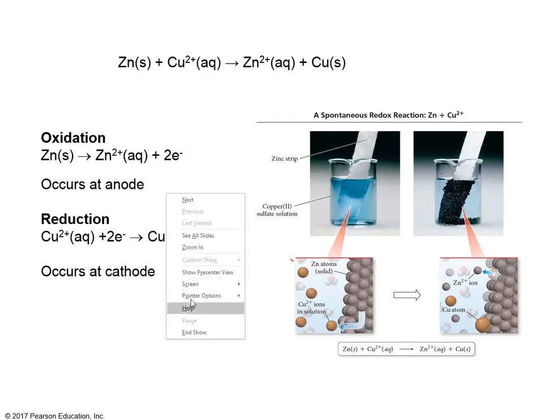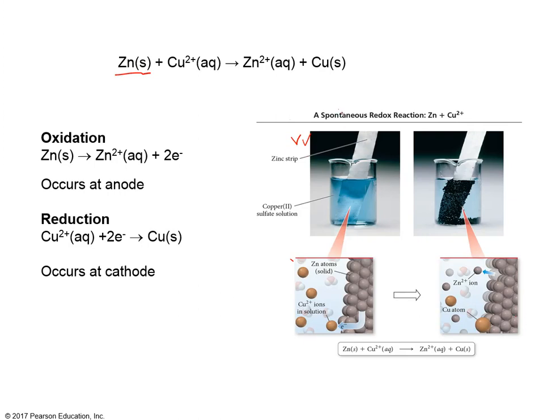So if we look at these diagrams, we see in the first diagram above that we have a zinc strip in copper sulfate solution. So in this case, the zinc strip is the zinc solid.